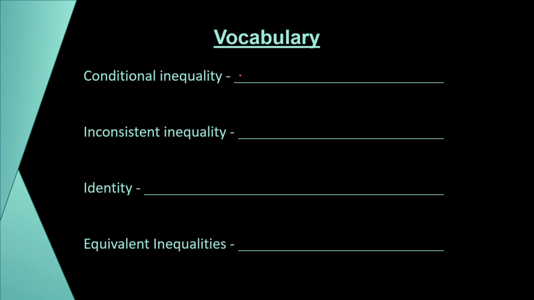First of all, a conditional equation has at least one solution. Okay, but that also means it has at least one number that is not a solution.